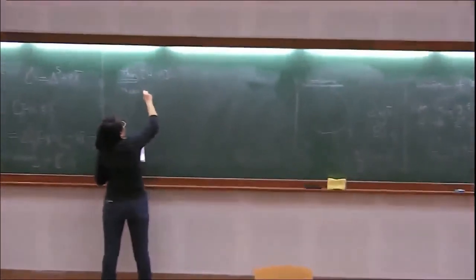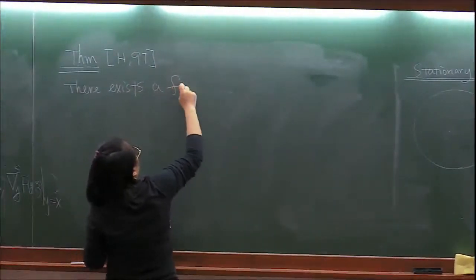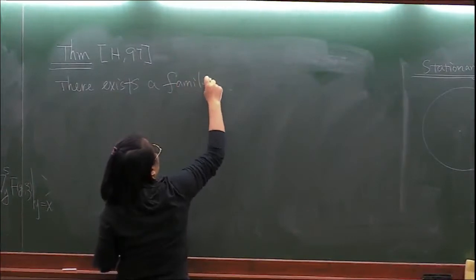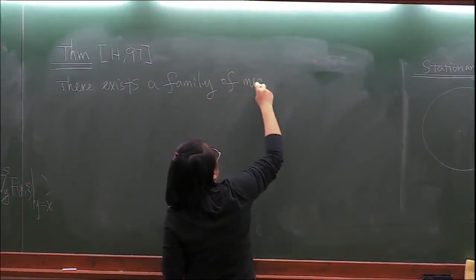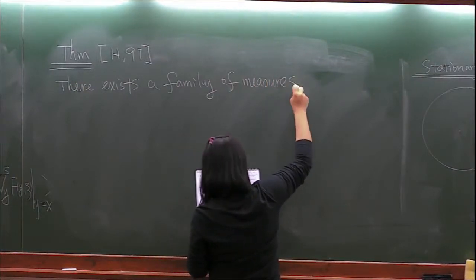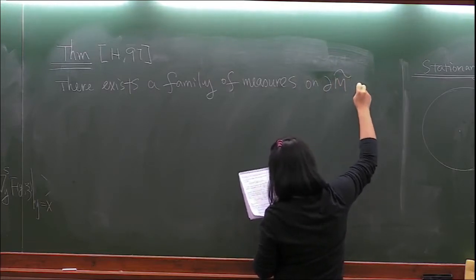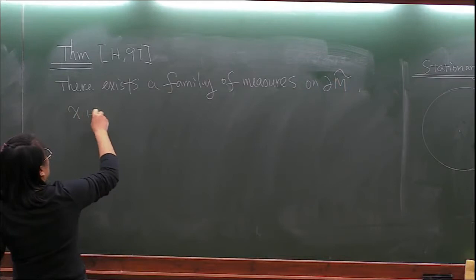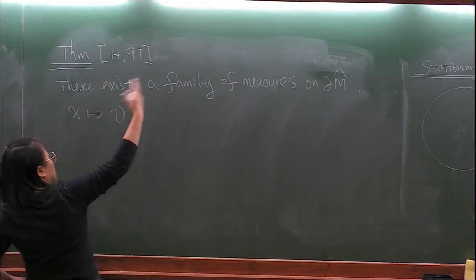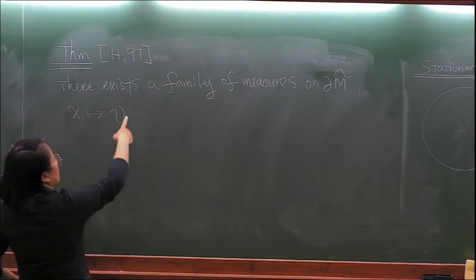There exists a family of measures on the boundary, x goes to nu, because it's also related to the Patterson-Sullivan measure.